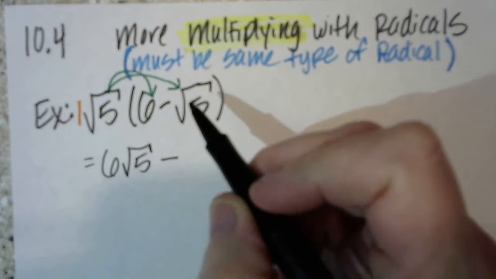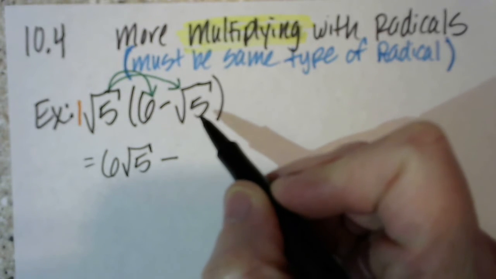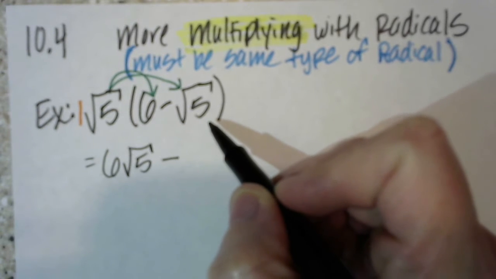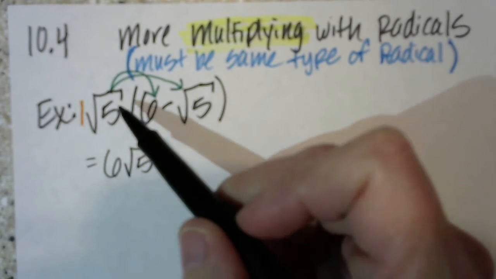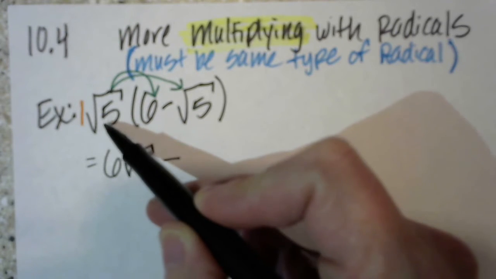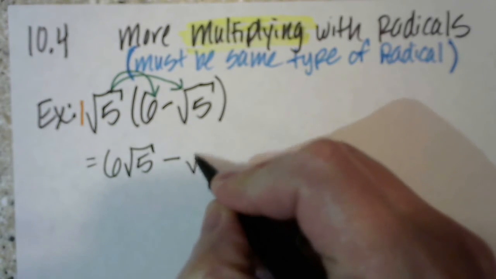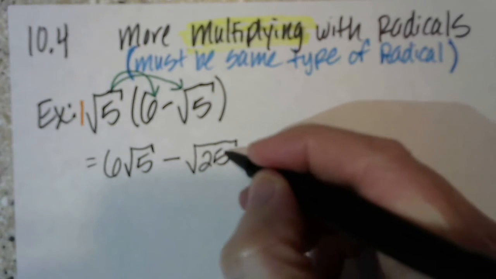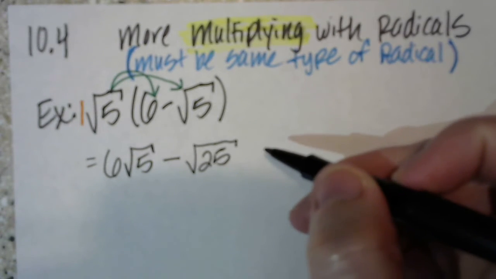square root of 5 times the square root of 5. Some of you may know that that's just 5 because that's a common shortcut. But if we follow the multiplication rule, I know 5 times 5 is 25. So it's the square root of 25, but we know that that is 5.